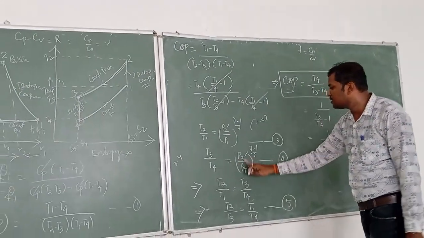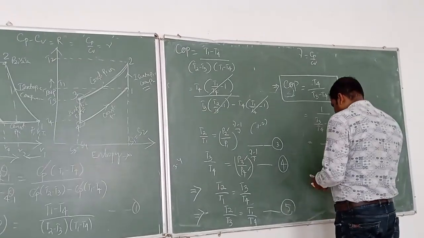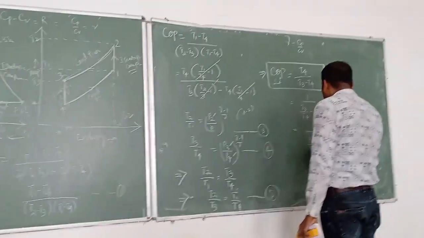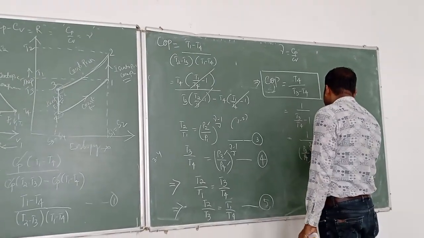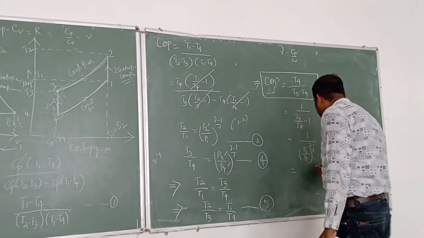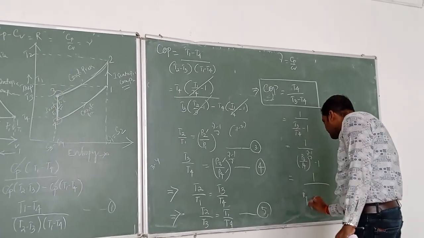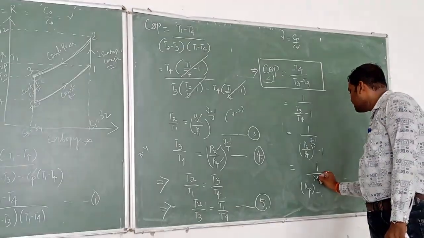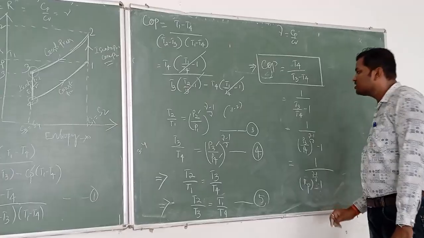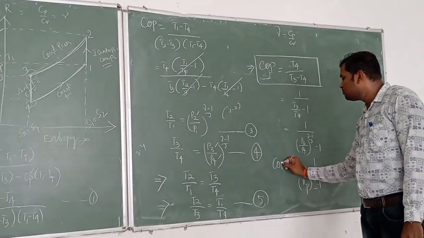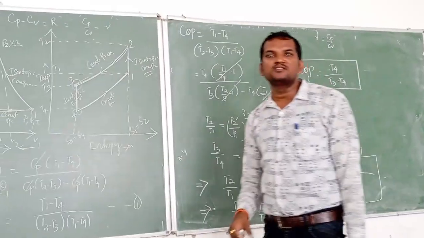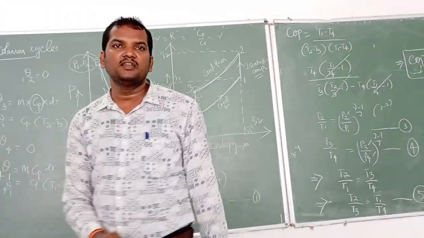T3 by T4 ये है कि प्रेशर का रेशियो, और इक्वल्स टू (P3 by P4) whole to the power (gamma minus 1) by gamma. और हम लिख सकते हैं दिस इज 1 by RP, दिस इज नोन एज द प्रेशर रेशियो. RP इज प्रेशर रेशियो whole to the power (gamma minus 1) by gamma. दिस इज द फाइनल COP of this Bell Coleman cycle और दिस इज द रिवर्स ब्रेटन साइकिल और रिवर्स जूल साइकिल. हो गया?